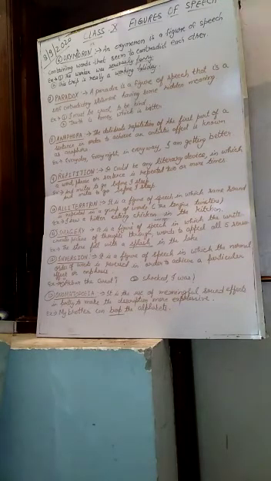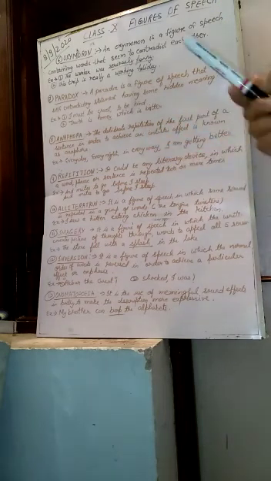Next is inversion. It is a figure of speech in which the normal order of words is reversed. In the way we write the sentence, in inversion it is not as it is. The order of the words is changed so as to make an effect or lay an emphasis on the reading.